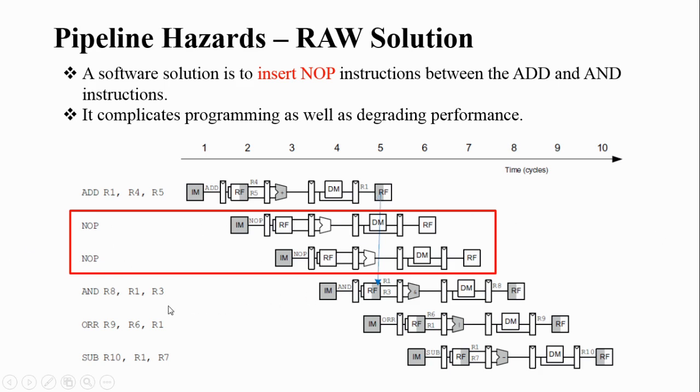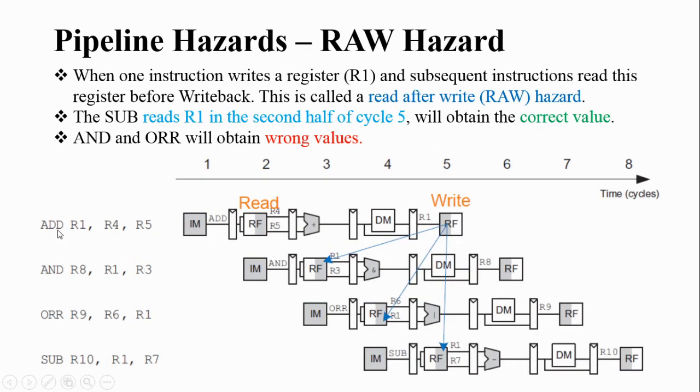So when the next add is coming, the decode stage will come in the fifth stage itself. Here the write process is complete, then you can continue with the read operation. In the previous case, directly after add, you were using the result, so you would not get it here.